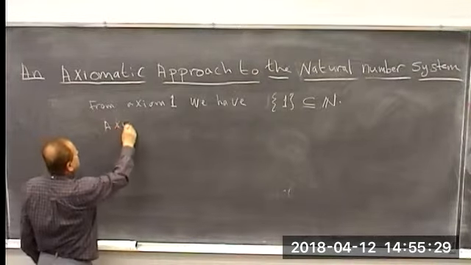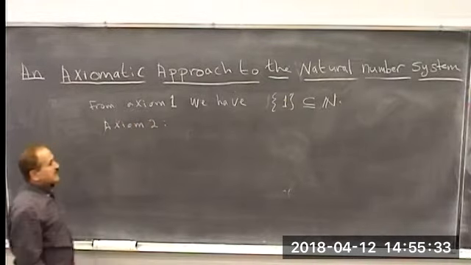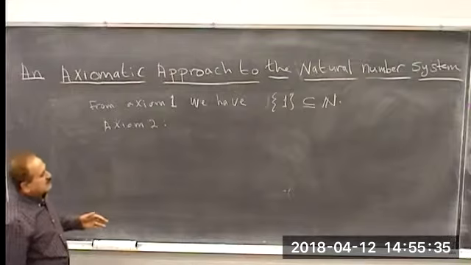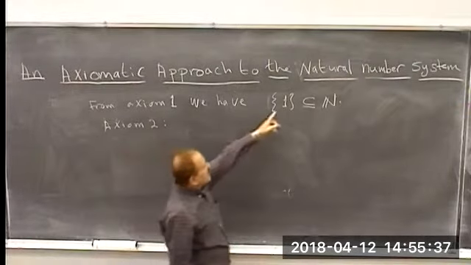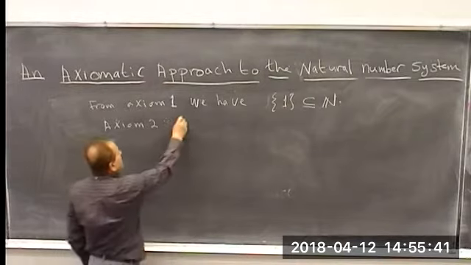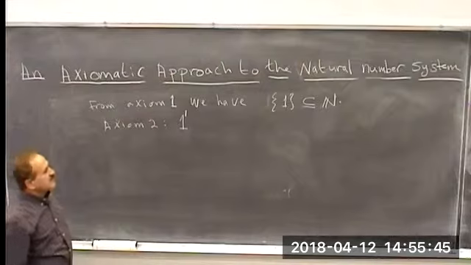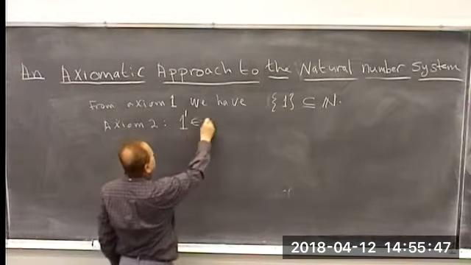Axiom 2 says that for every element in N, now we do have 1, the successor of 1 is also in N.